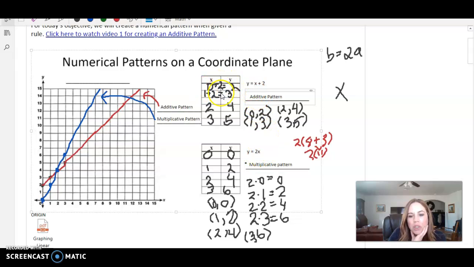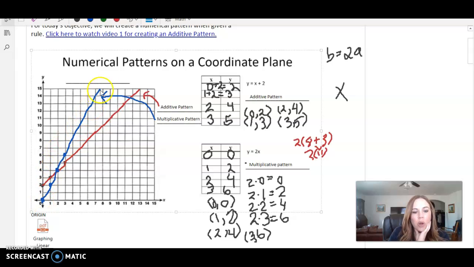And then we were able to create not only a table, but we were able to graph it on the coordinate plane. Well, tomorrow we're going to do the opposite. I'm going to give you the lines or the points on the table, and then you're going to tell me, is this additive or multiplicative? So let's observe some things about these two lines, and maybe that will help us for tomorrow.